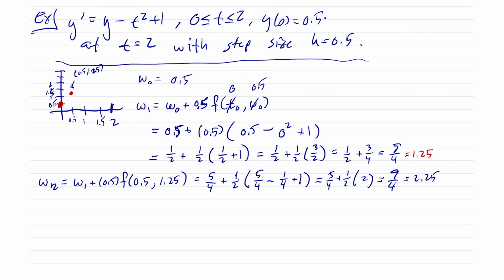All right, so 2.25. It's growing pretty quick, right? Yep, so now let's go ahead and find the next point. My guess is that this is going to be growing exponentially fast. My intuition really is coming from this: y prime is equal to y is essentially the exponential function.